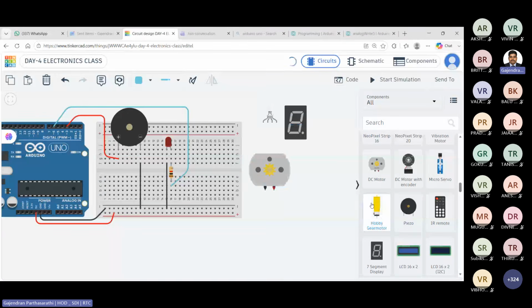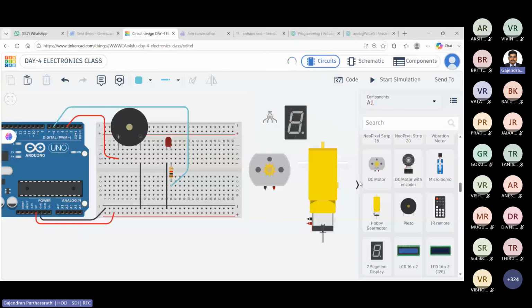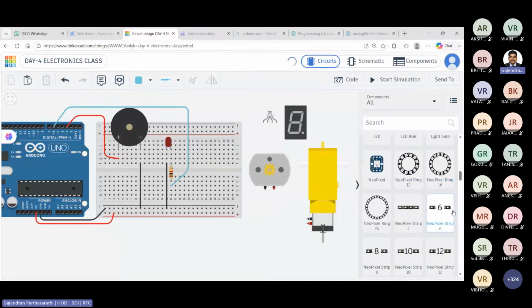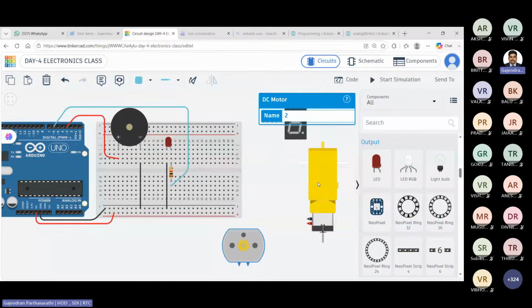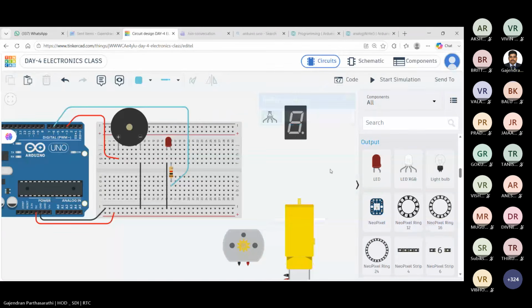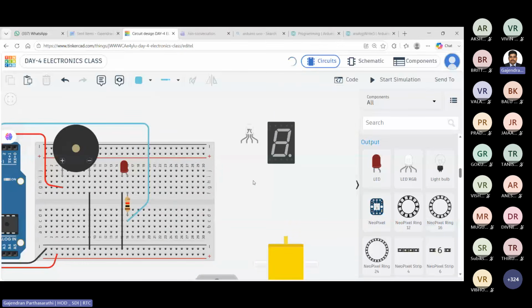Then this hobby motor. To learn this DC motor, we need to teach a few concepts. You can hold these two. You can play with all these LEDs, the 7-segment LED and tricolor LED. These two are today's exercise. Try with your digital outputs.